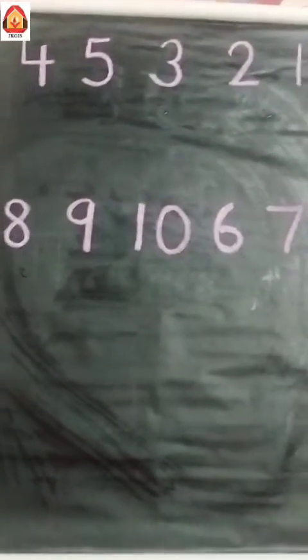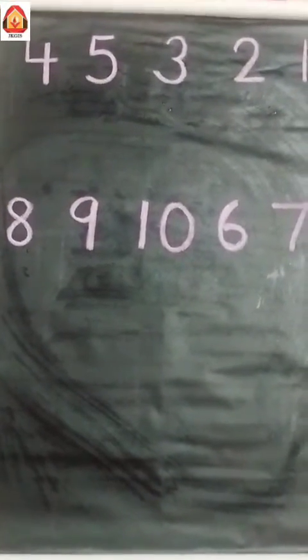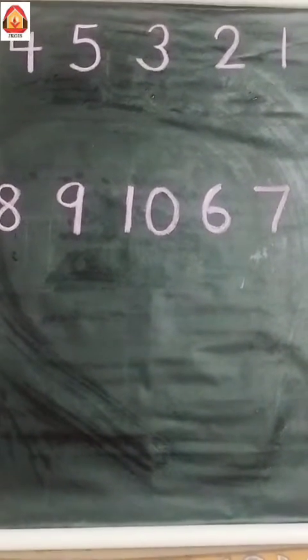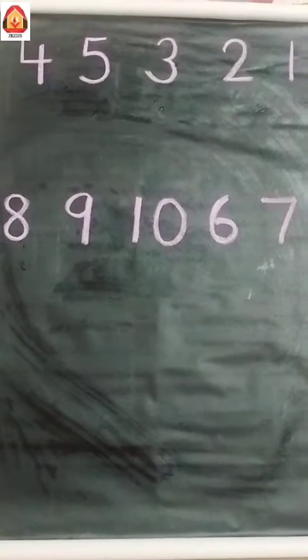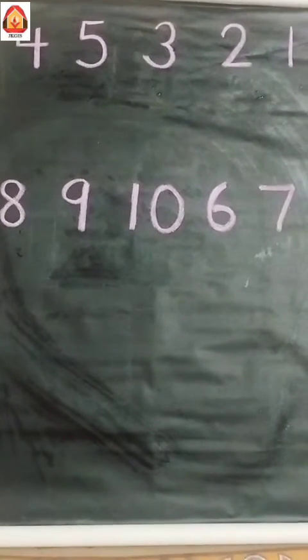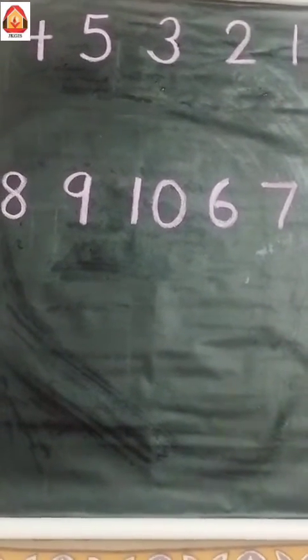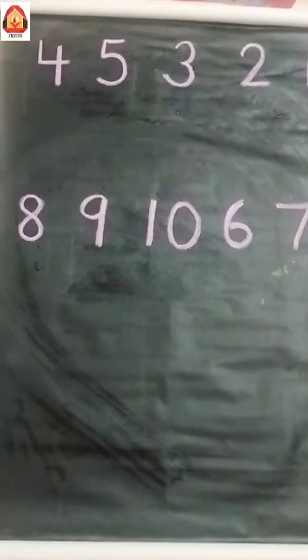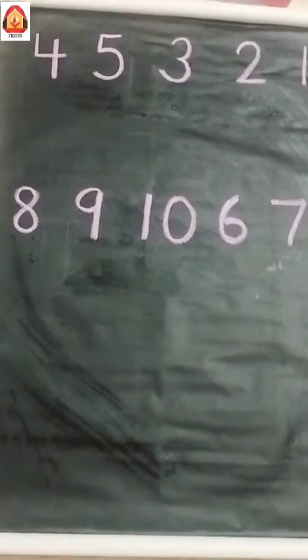So, students, now we are going to learn how we can arrange numbers in ascending order. That means small to big, and how we can arrange numbers from big to small. That is descending order.